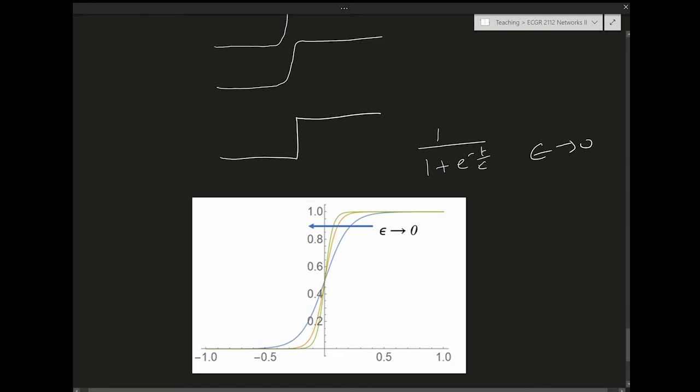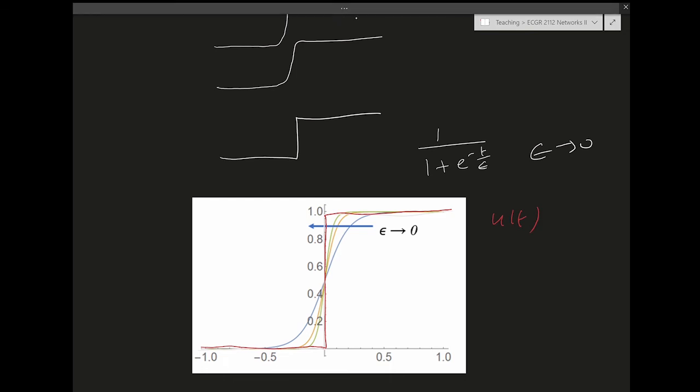You get this family of curves, and as epsilon approaches 0, we get closer and closer to the actual unit step function, which is this.